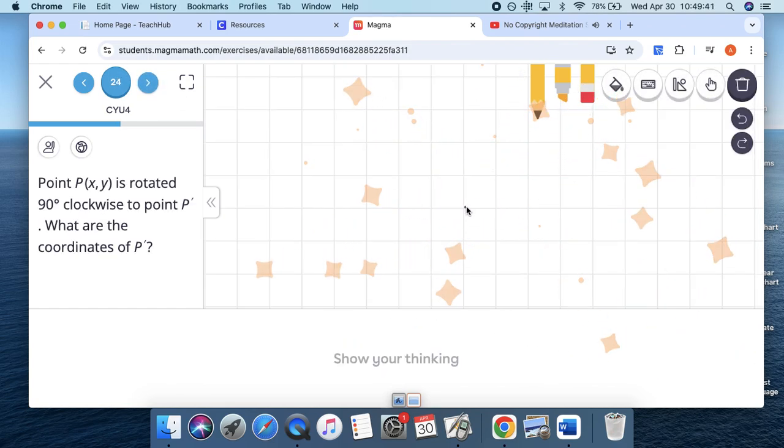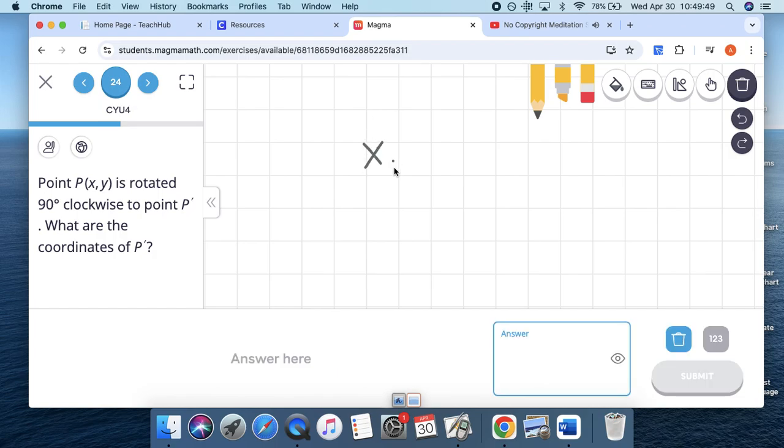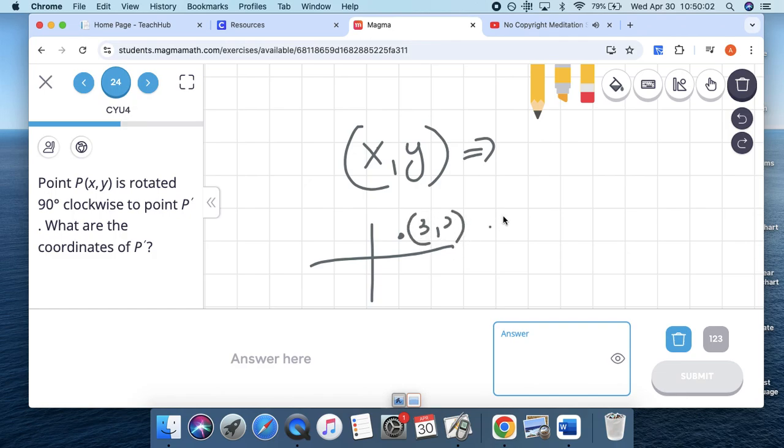Point XY is rotated 90 degrees. What are the coordinates of point P? If you have a point XY and you rotate it 90 degrees, you can take any example. Let's say there's a point 3, 2, and you rotate it 90 degrees. What happens to the numbers?